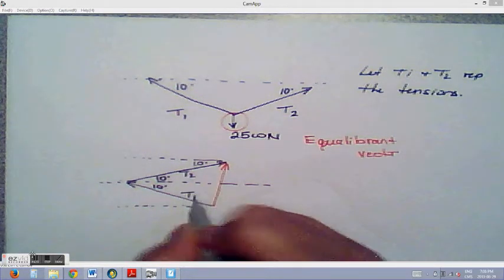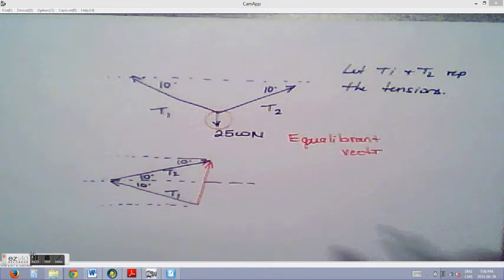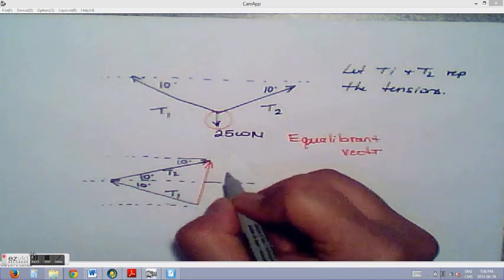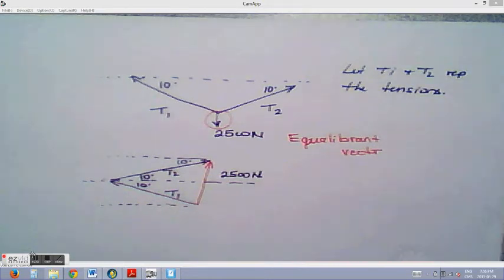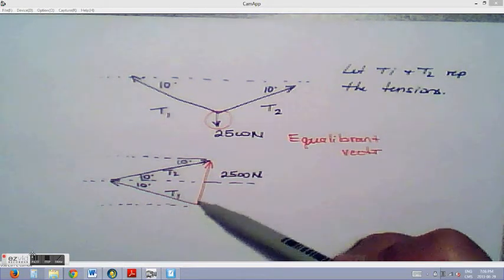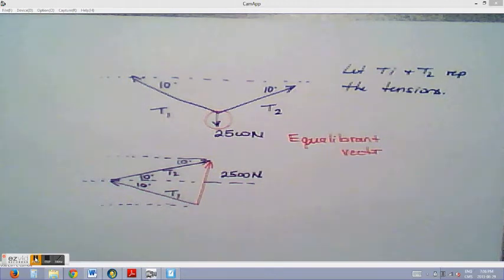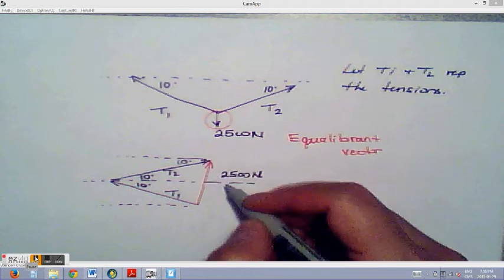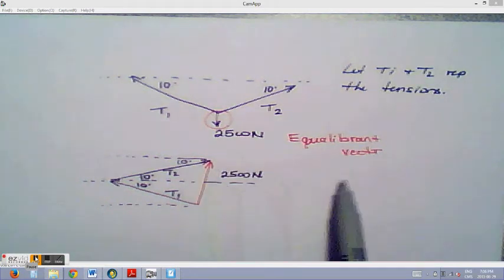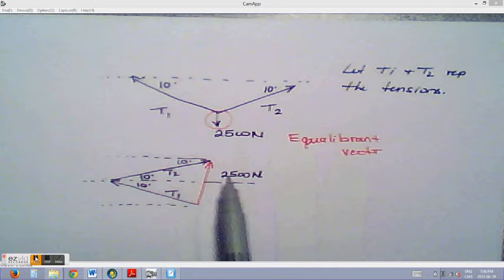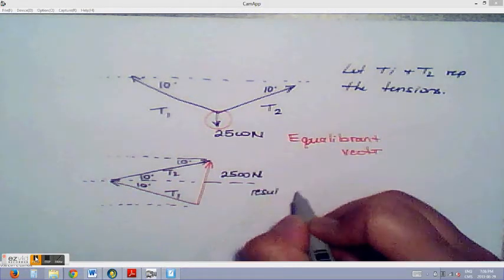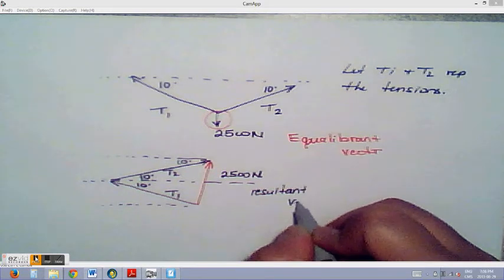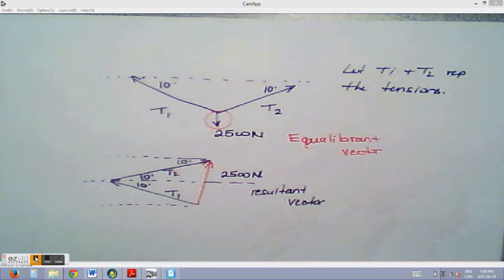Okay, so T1, and this is 2,500 newtons. So it has to be pulling upwards. There has to be a vector that pulls up. Remember that the resultant force is always opposite in direction and the same magnitude as the equilibriant vector.